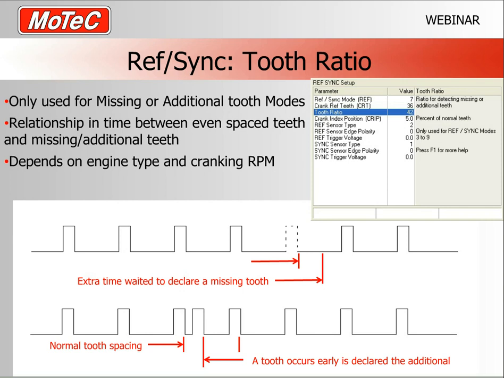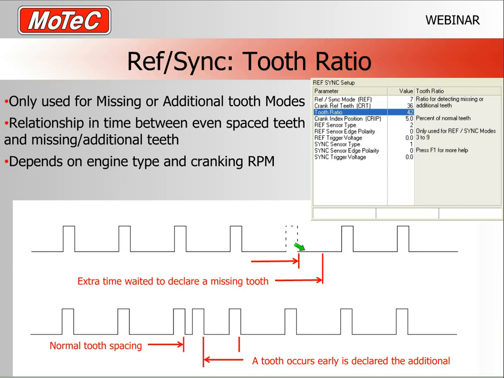So on my diagram below, the top line, let's say that's a 36 minus 1 in this case, and our tooth ratio is 42. So effectively, the ECU knows the basic time between 2 evenly spaced teeth, and we're saying that if we have that time plus an extra 42% and we have not had a tooth appear in that time, then we will declare the missing tooth, and that works for our ref sync mode.